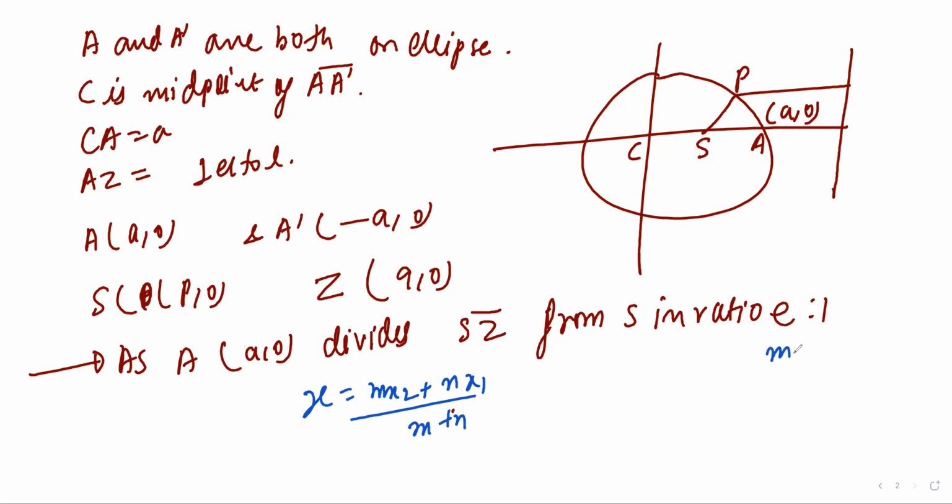Here m is e and n is 1, and the coordinates we know. So put the values. This is your x, this is your y, this is your x1, y1, and this is your x2, y2. After putting, x is a, m is e, so it is eq, plus n is 1 and x1 is p.